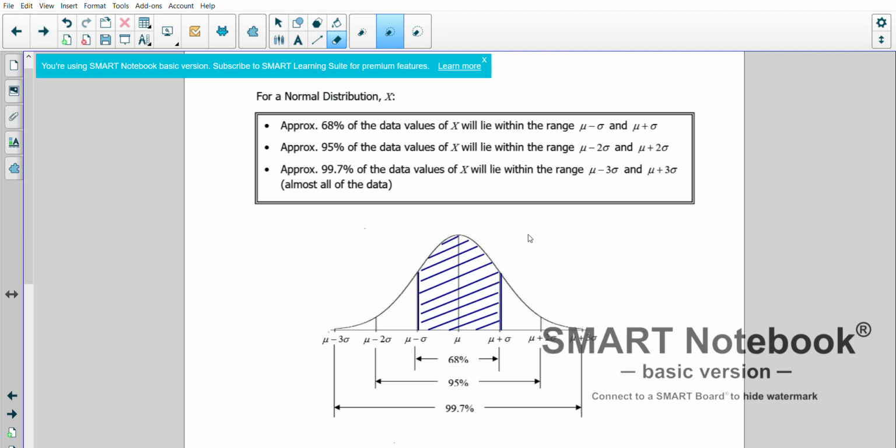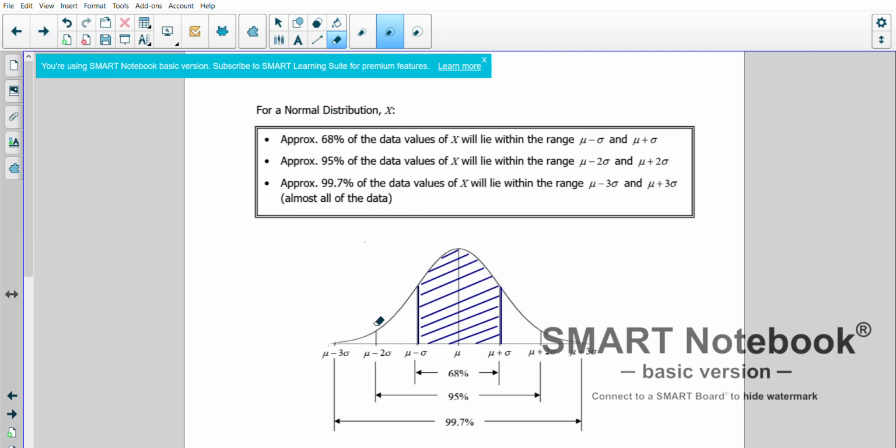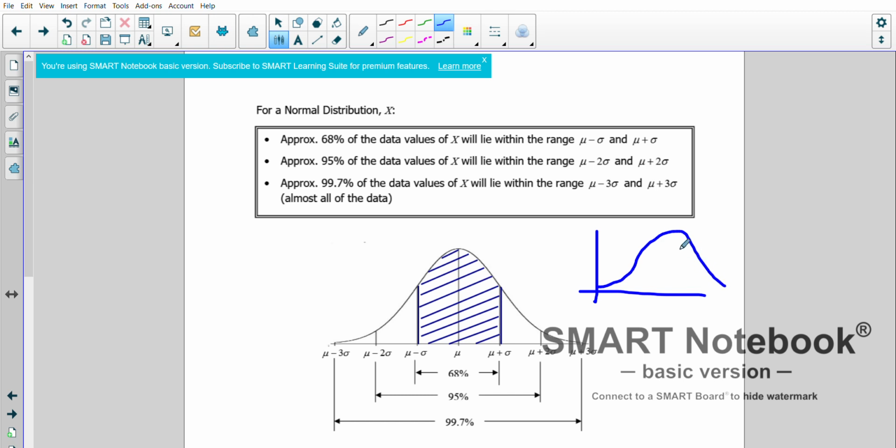So here we go. For any normal distribution, 68% of the data is within one standard deviation of the mean. So for example, let's say I play golf. Let's say my average score is 85. I've added up all my scores, that's my average. Here I'll have a few lower scores, every now and then I'll have a few really high scores, but I'll probably be in and around this 85.